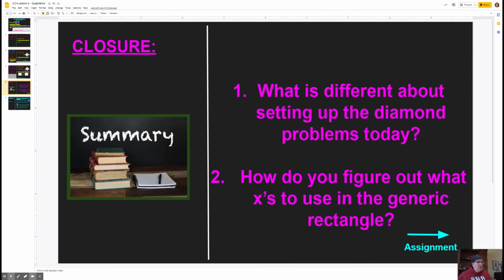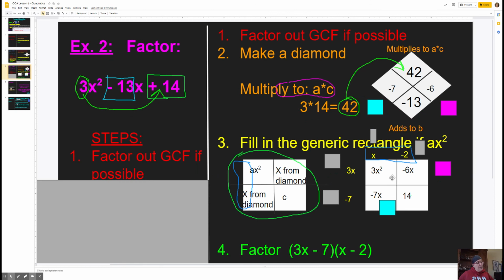Okay, so the two questions, what's different about setting up diamond problems today? And then how do you figure out what x's to use in the generic rectangle? And when I talk about the x's, I'm talking about how do we know what goes in this diagonal corner, okay?